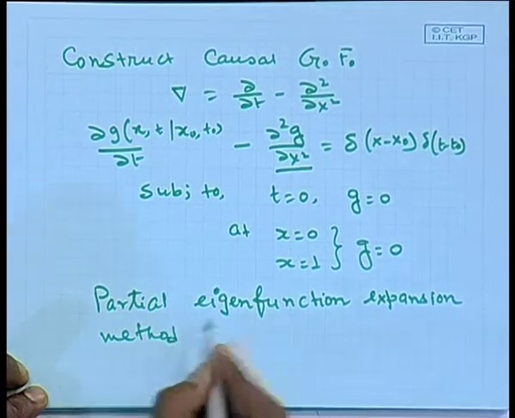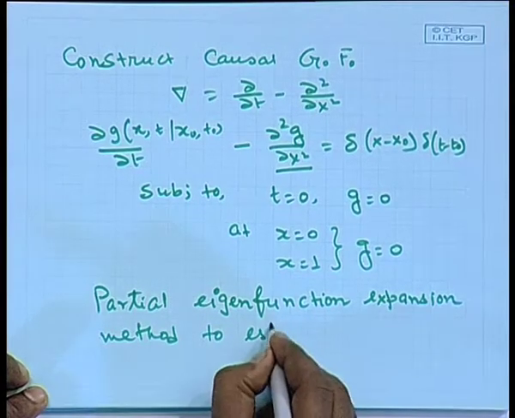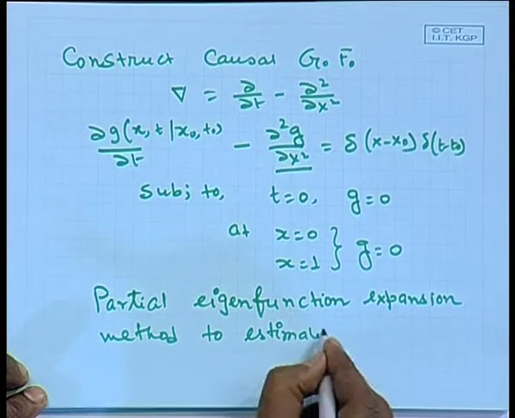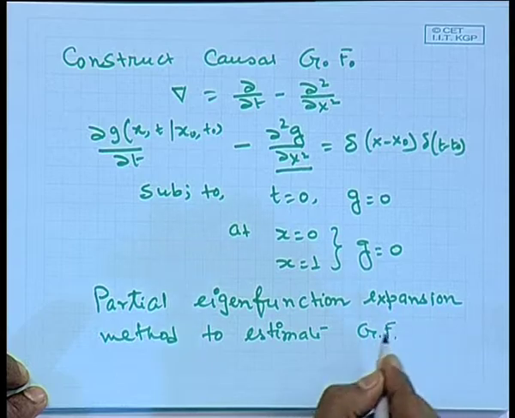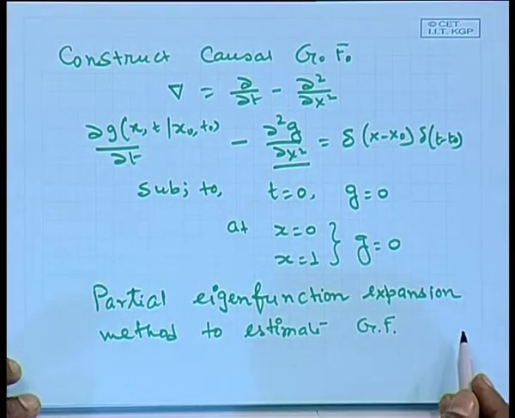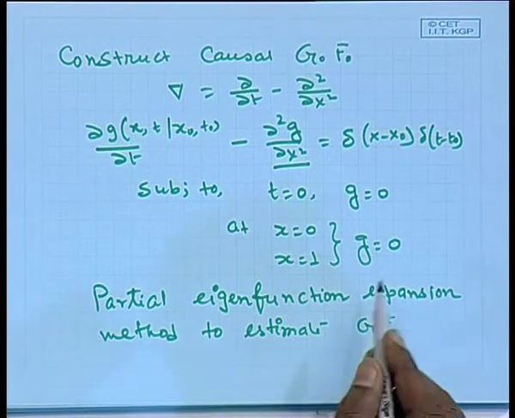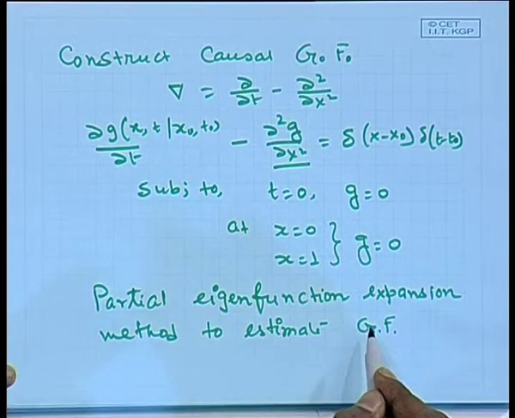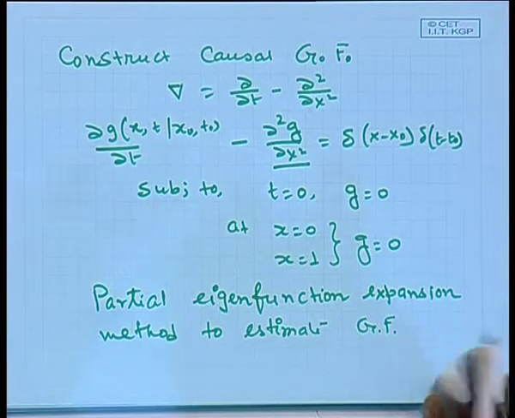method to estimate Green's function. You cannot use a full eigenfunction expansion method in this case, because in full eigenfunction expansion you must be considering a standard eigenvalue problem in both the directions.